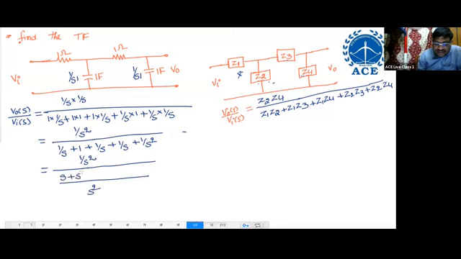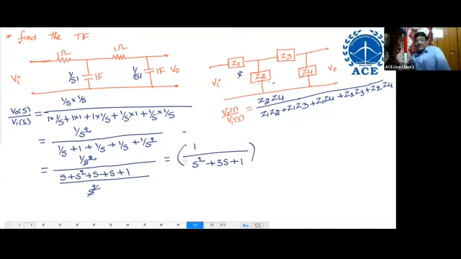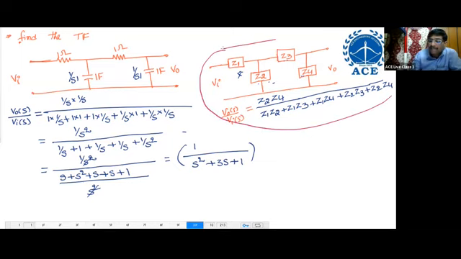S plus S square plus S plus S plus 1. Then S square cancels. What is the answer? 1 by S square plus 3S plus 1. This is the answer. Like this you have to get the answer. This is the formula. Last day I told it. Okay, na?